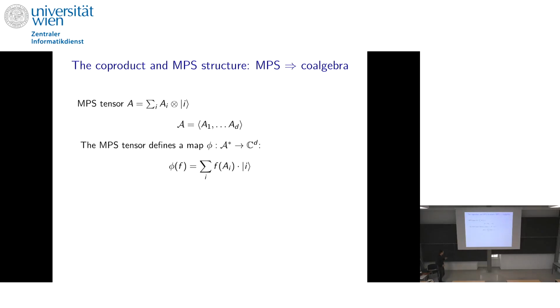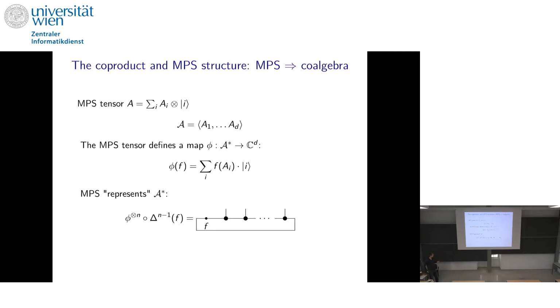And then you can realize that the MPS tensor defines a map that goes from the dual of this algebra to C^d, simply by phi of f being f acting on the matrices A_i. f is a linear functional that acts on this space, right? So it is easy to see now that the MPS is a sort of representation of this coalgebra.